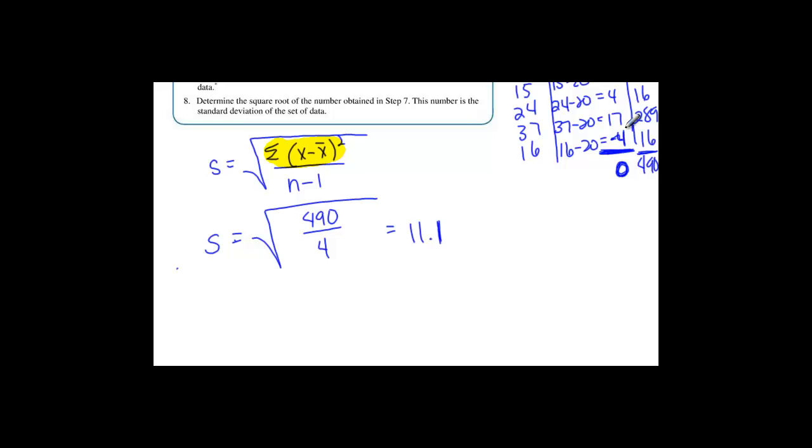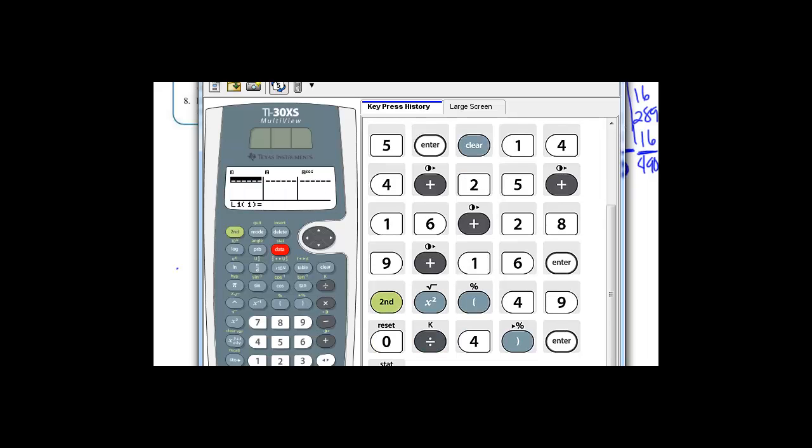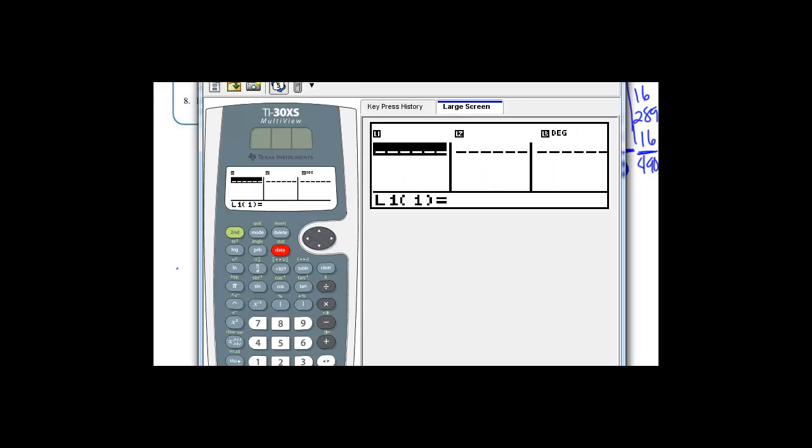Now if I want to check that in my calculator, let's go to the calculator. There's a nice video within Blackboard that'll show you how to use your calculator in descriptive statistics. So we're actually going to do exactly what that video instructed, which is, if you go in your calculator to the data screen, so this data button gives you a table, and we're going to provide a list under L1.